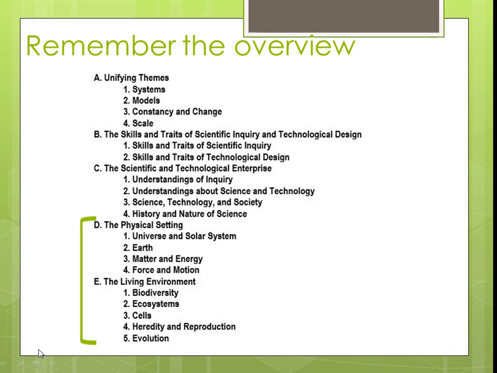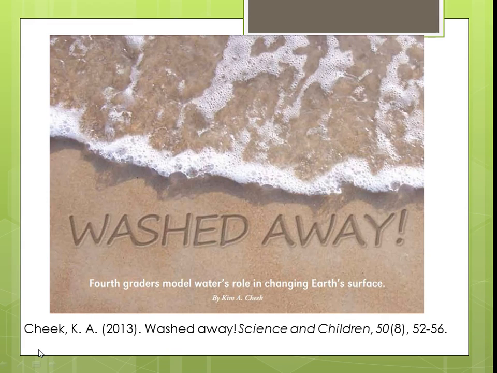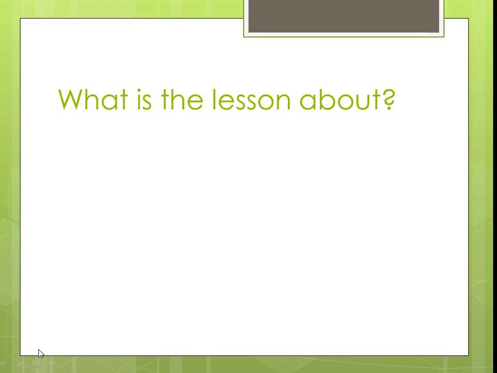So let's try an example. This is a lesson from Science and Children, and it is about fourth grade. It's at the fourth grade level with fourth graders modeling water's role in changing Earth's surface. So when you have a lesson that you've picked, what you first should do is think about what the lesson is about.